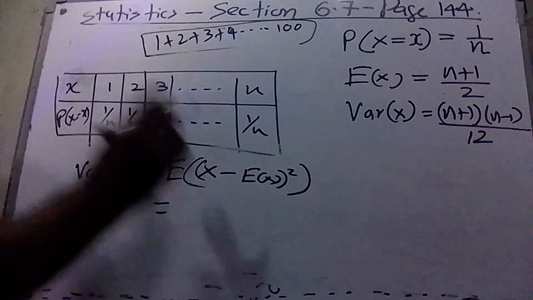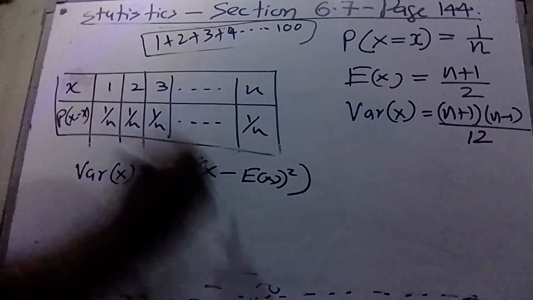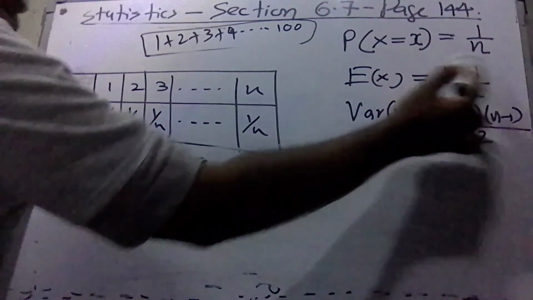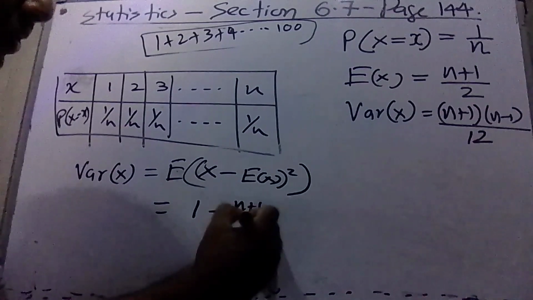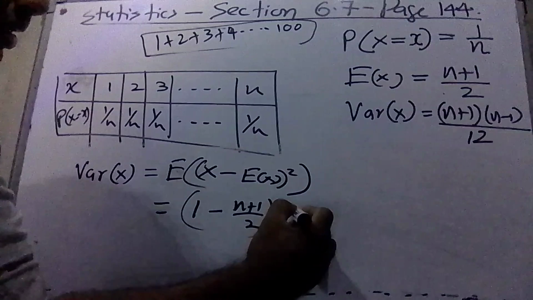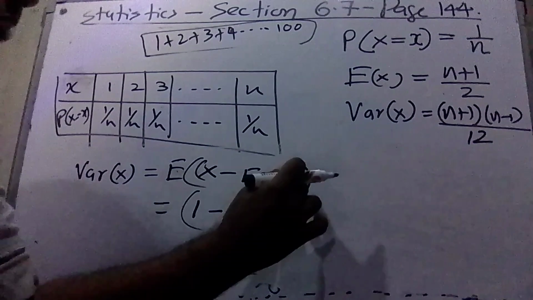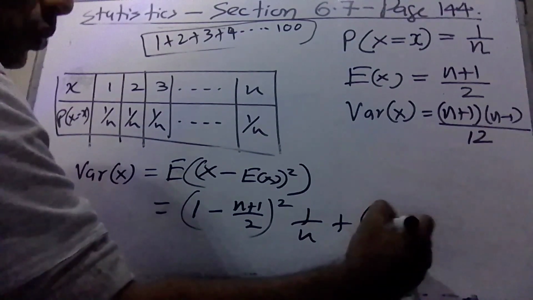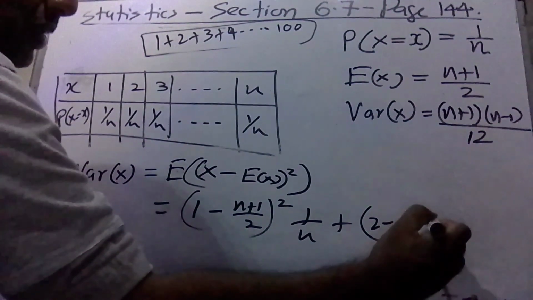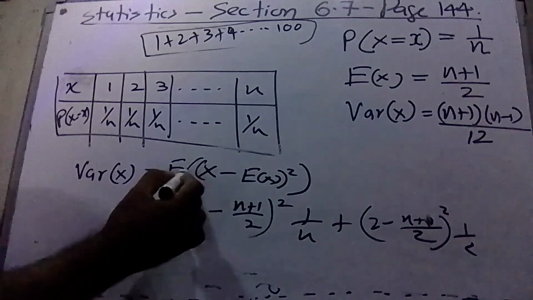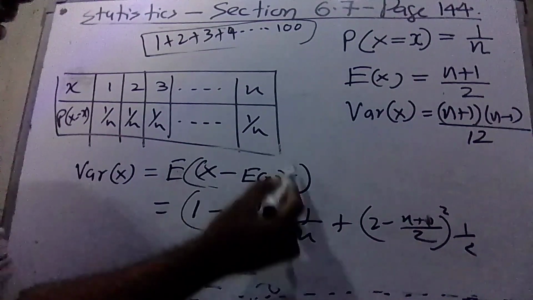So we can substitute: (1 minus (n plus 1) over 2) whole thing squared times 1 over n, plus again (2 minus (n plus 1) over 2) whole thing squared times 1 over n, and so on.